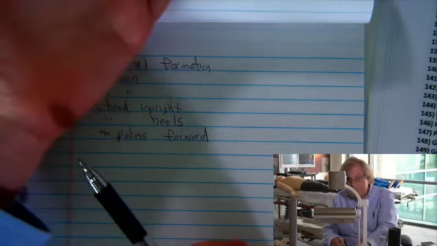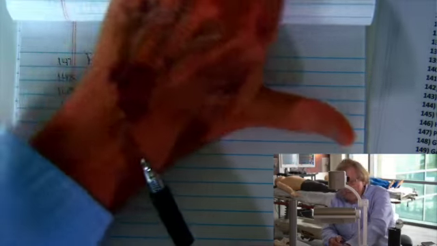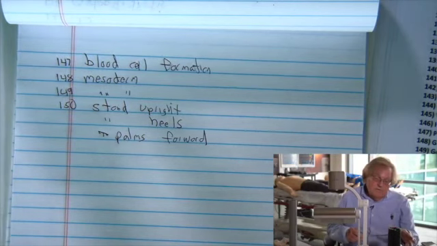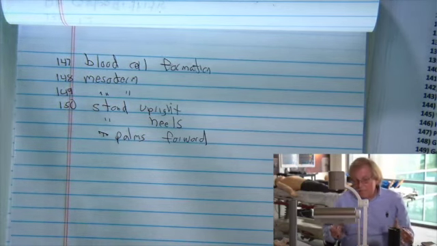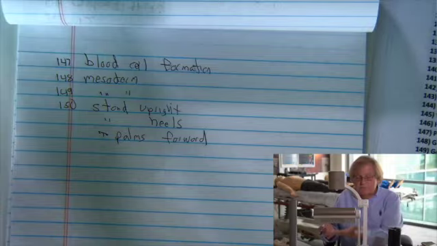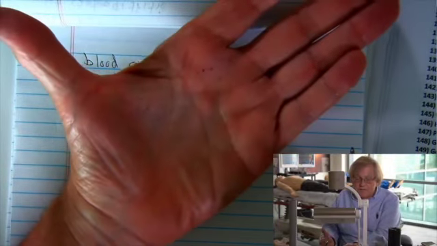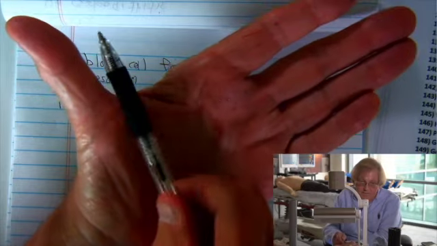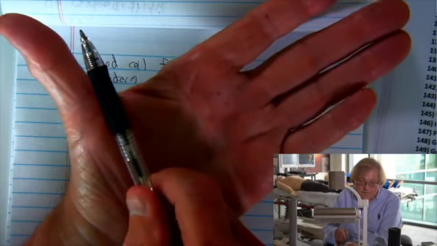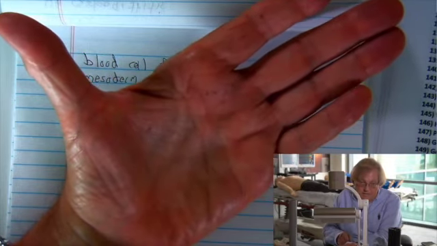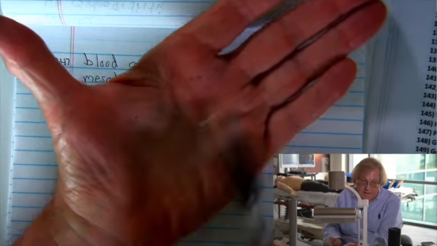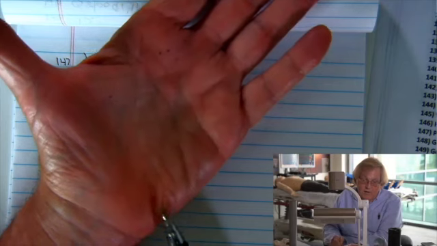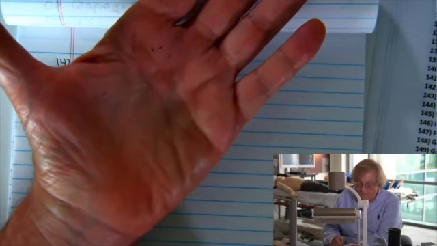But if I was to mistakenly talk in this direction and started looking at my bones, it'd be backwards, because I would be thinking the radius is medial. So just remember, in the anatomical position, the radius is lateral. Thumb is lateral in anatomical position. The radius is lateral in anatomical position. Pollex is lateral in anatomical position. Ulna is medial in anatomical position.